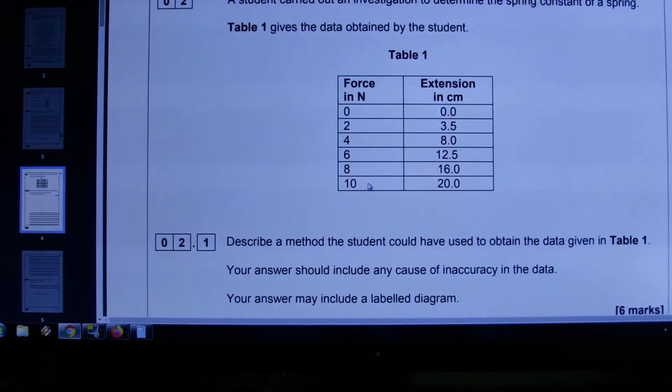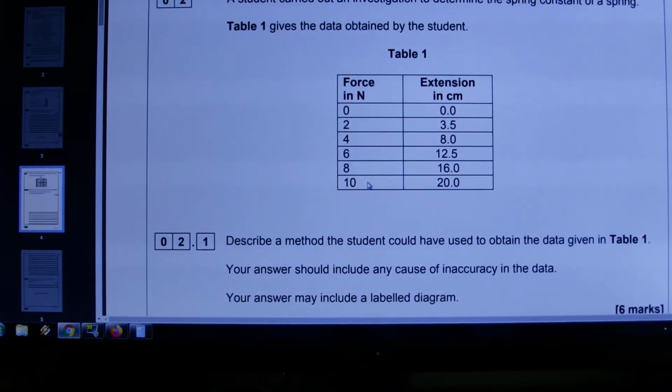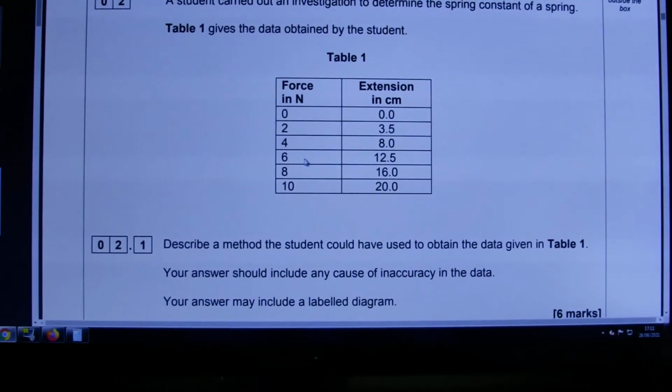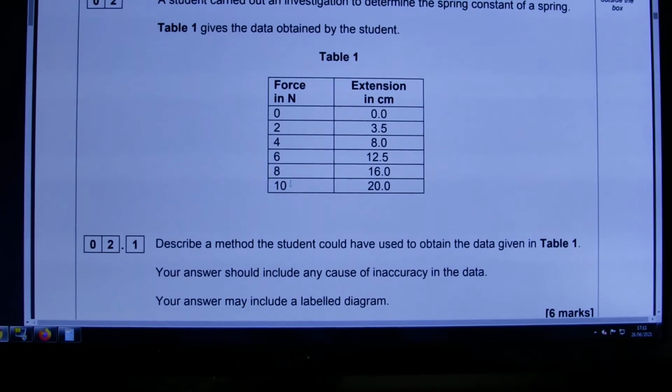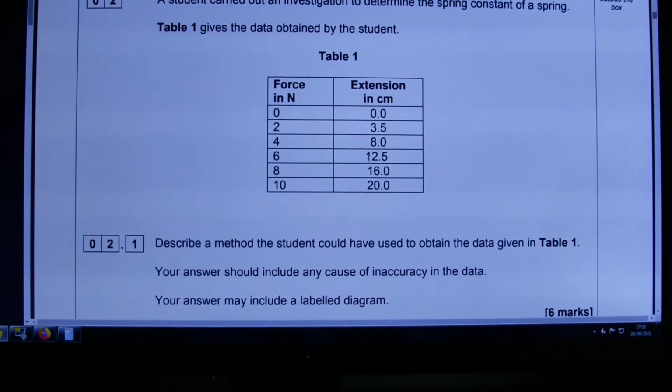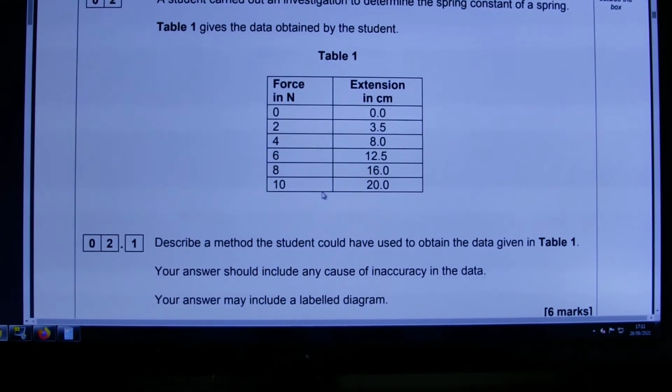What you could do here is say that 4 additional newtons from 6 up to 10 give an additional extension of 7.5 centimeters. Why is this guy only taking readings to the nearest 5 millimeters?